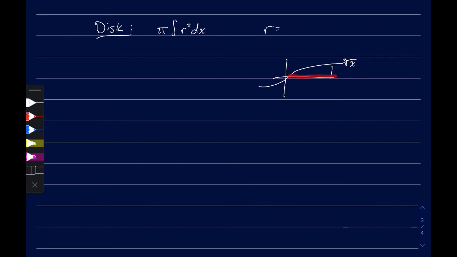The radius is the distance from the axis to the outside. So our radius is just going to be the cube root of x. So we have pi times the integral of the cube root of x squared dx. And our bounds are already given to us. They were 0 and 8.